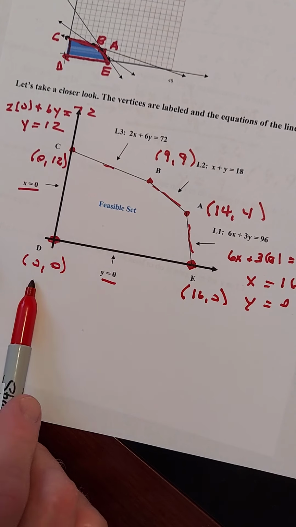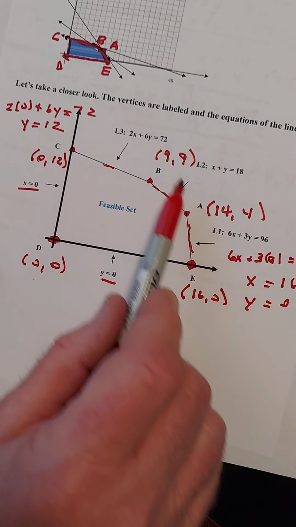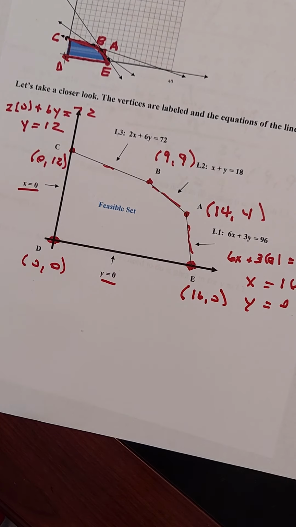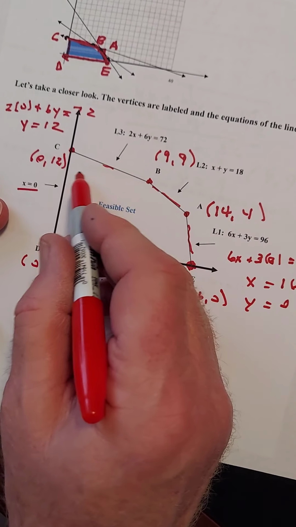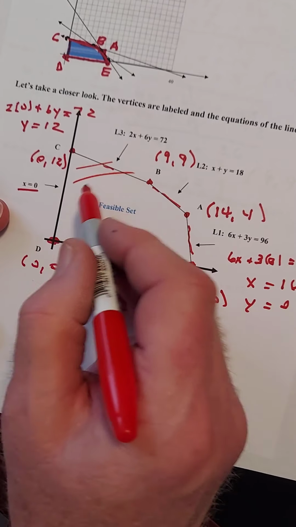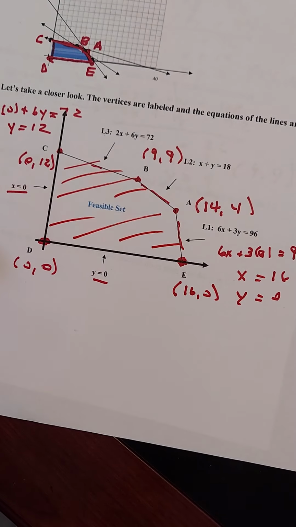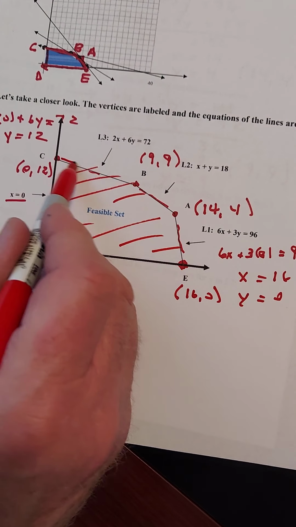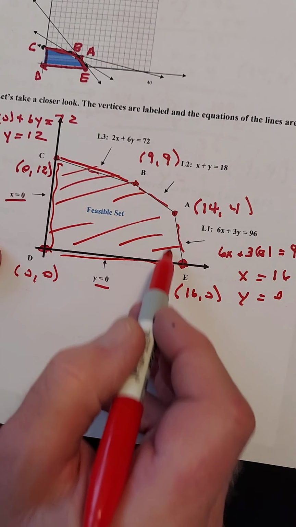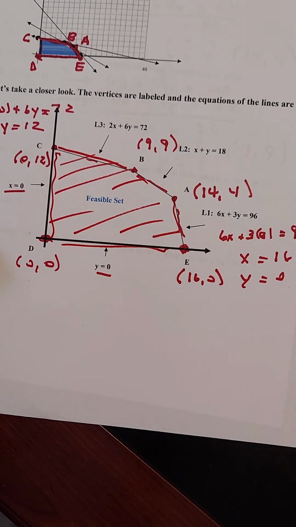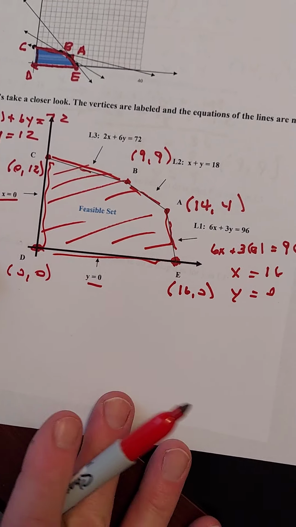Okay, so I've got 0, 0, 16, 0, 14, 4, 9, 9, and 0, 12, in no particular order. And that represents all the, what they call the corners sometimes, or the vertices of that feasibility set right there. Everything inside the polygon. Those are your corners.